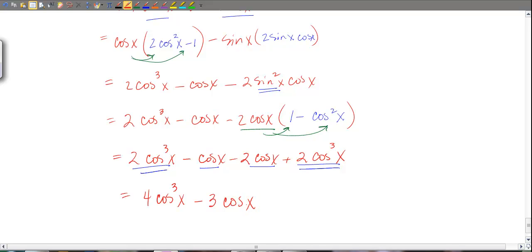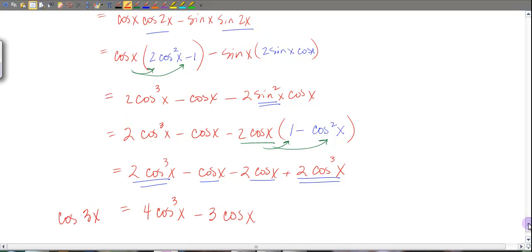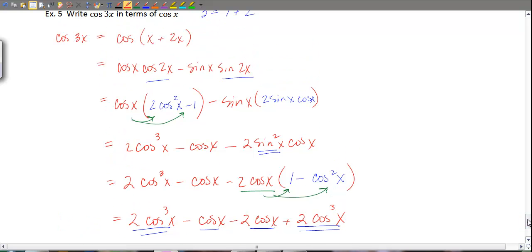And there we go. I rewrote cosine 3x like this, so that this is now in terms of a single angle and not in terms of what we would maybe consider a triple angle. Okay? So again, cosine is a little bit different because we have different versions of it that we can use. And when I got here to the double angle for cosine, I had 3 choices.